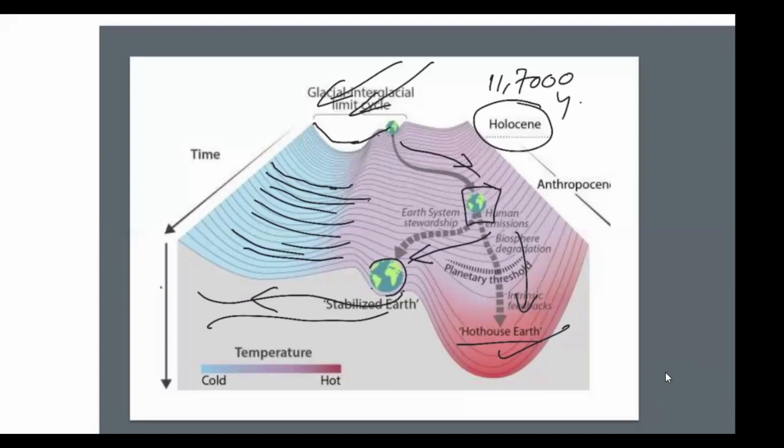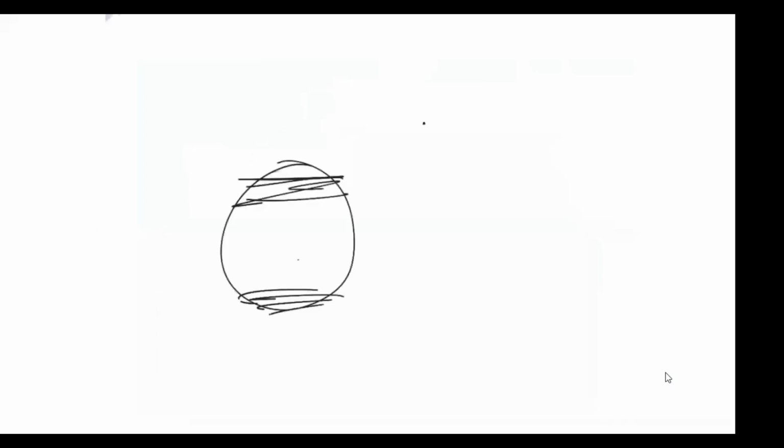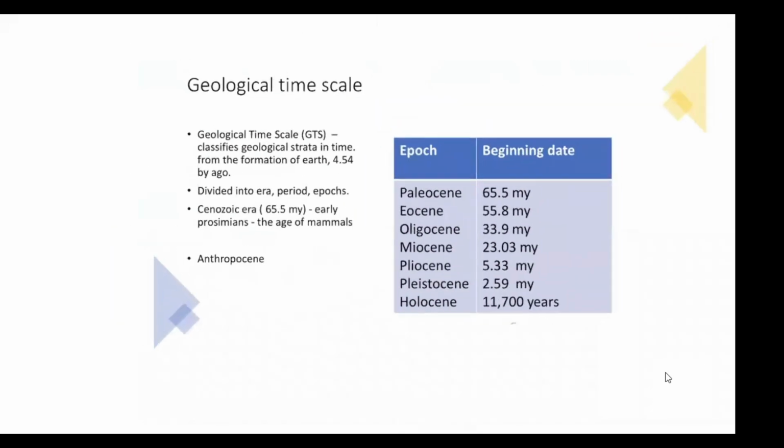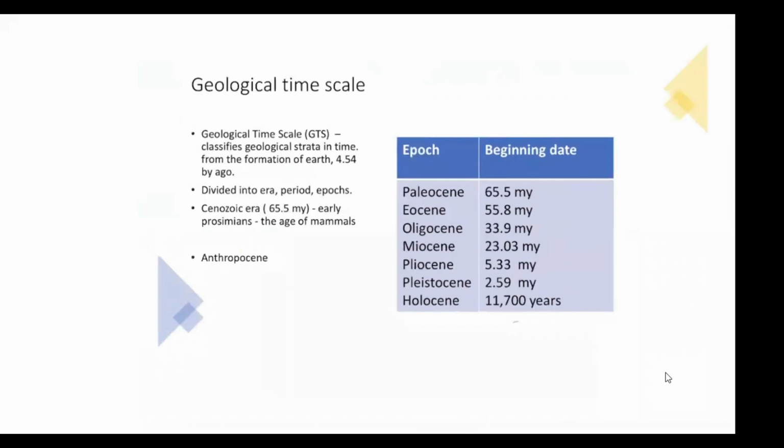But before the Holocene, what were the ages of the Earth? Earth time is divided into era, period, and epochs.